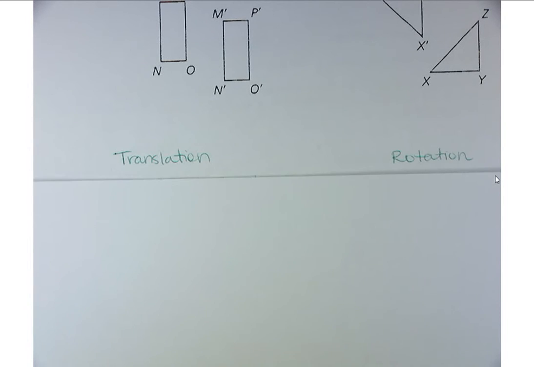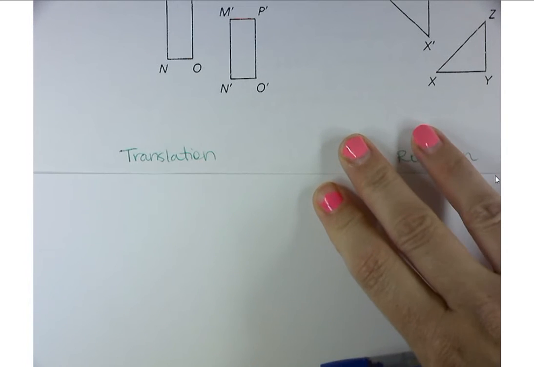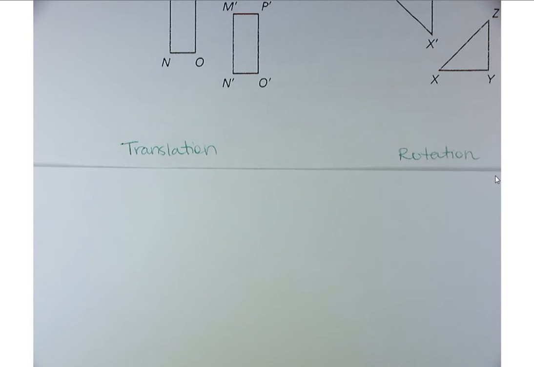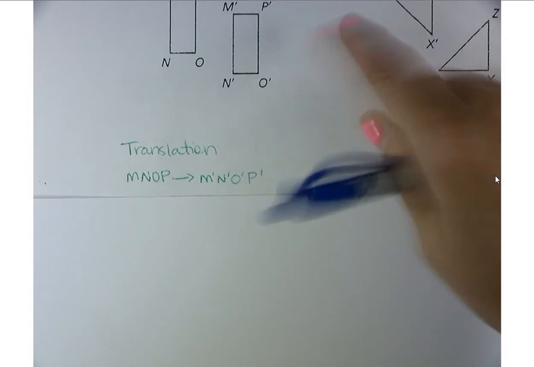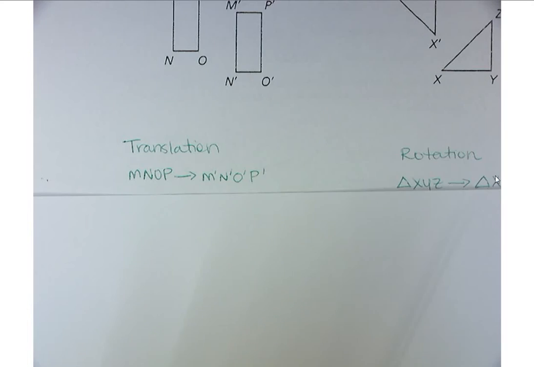I'm going to help you guys with the arrow notation. So your arrow notation is simply going to be naming the figure. And if you can, we just like to go in alphabetical order. And it's not wrong if you don't. You would just have to go the same order in both of them.